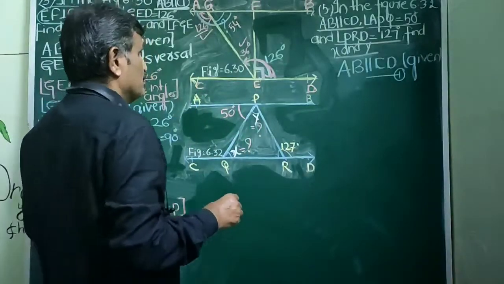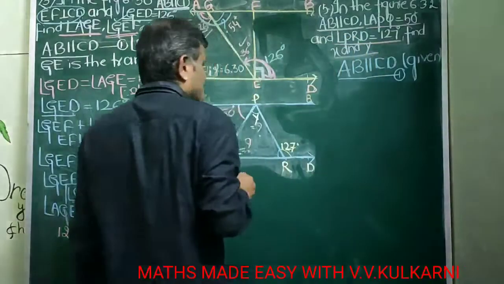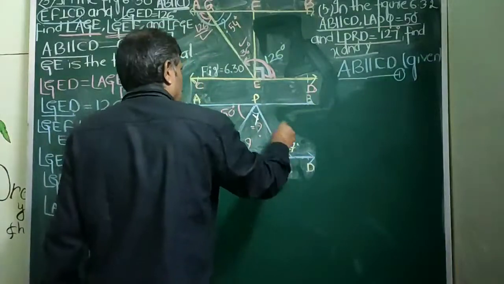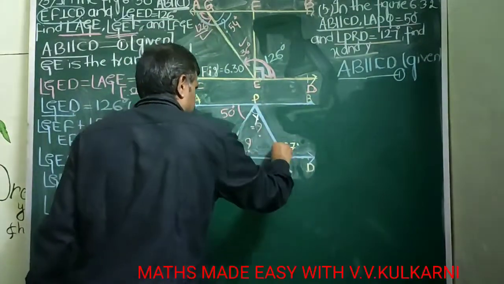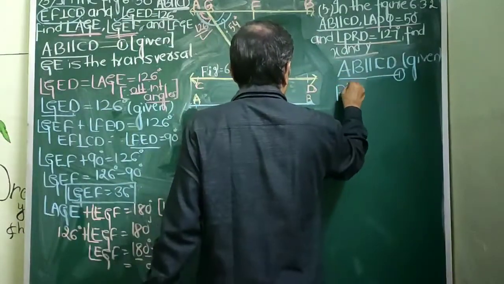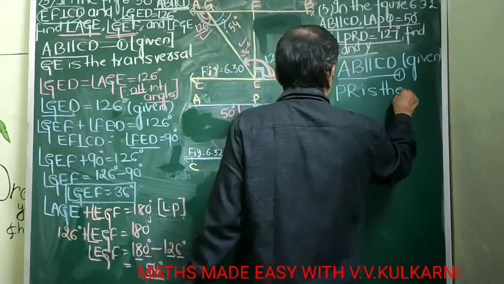See here children, from the first sentence itself, we are getting the clue. AB is parallel to CD, and you can see here PR is the transversal. AB is parallel to CD and PR is the transversal.